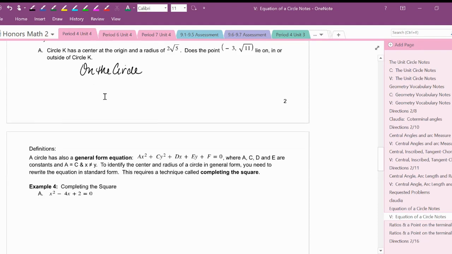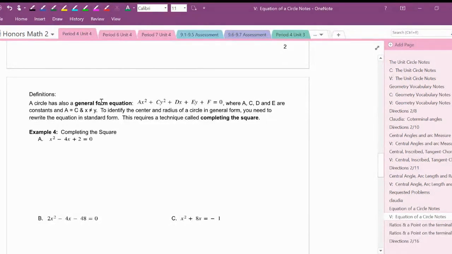Right, our next form we're going to look at is called the general form of the equation of a circle. Not as nice and tidy as the standard form. If we go way back, this is the idea of, we had our quadratic.